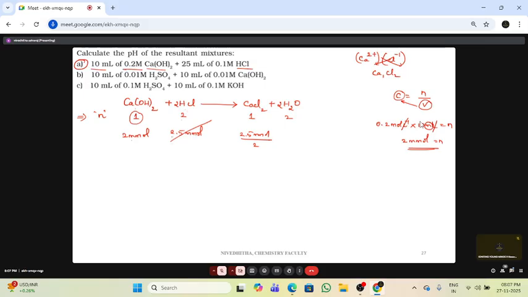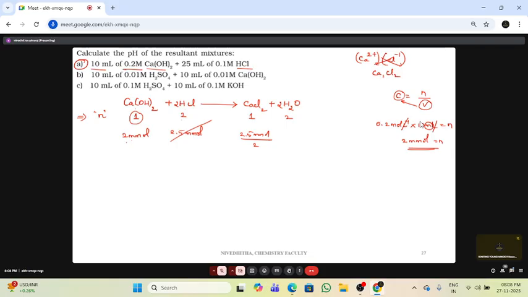Here, the quantity of HCl is 2.5. So the calcium hydroxide required is half of 2.5. What is 2.5 divided by 2? 1.25, ma'am. Very good. It is 1.25.